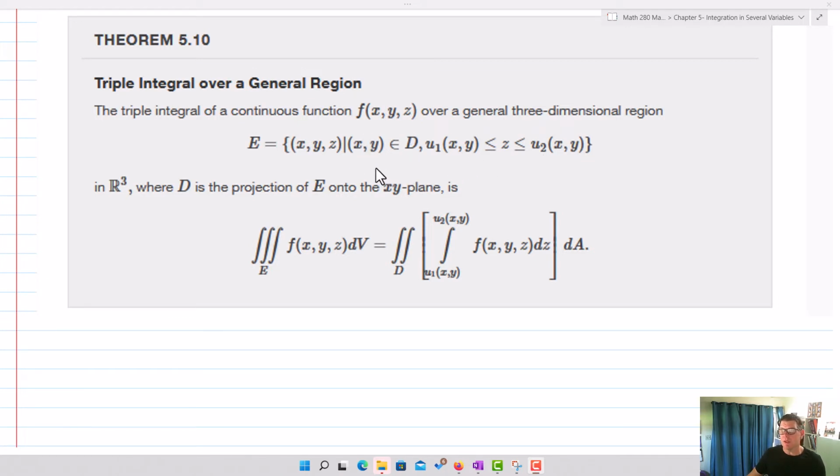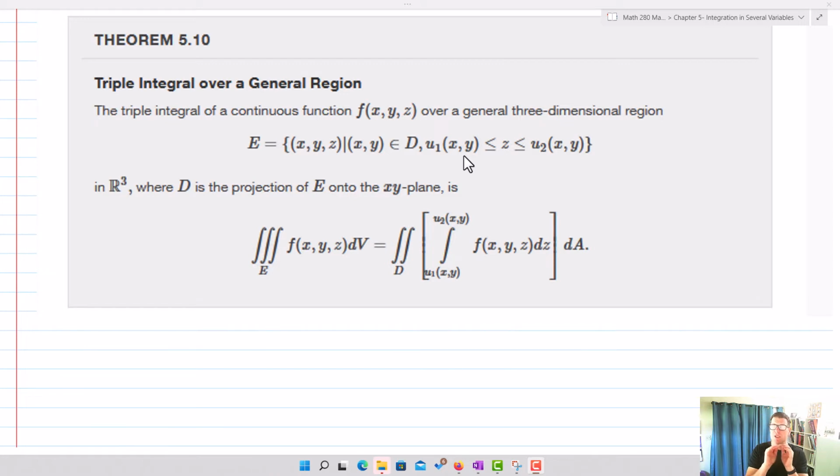What you'll see when we actually do this in a practical sense is that Y is going to be a function of X, and Z is going to be a function of X and Y. So from a practical perspective, we start by integrating with respect to Z. We get rid of the Z variable by evaluating the function for X and Y, leaving functions of X and Y. Then we integrate with respect to Y, and then with respect to X. That's just our first example.